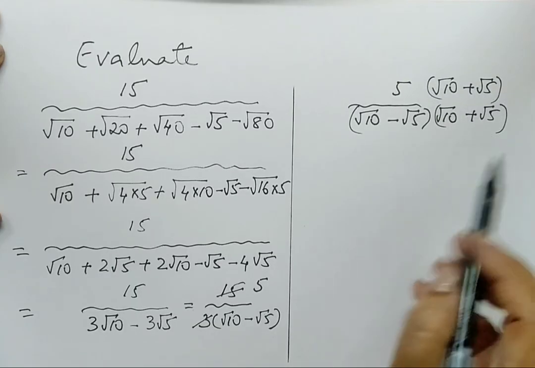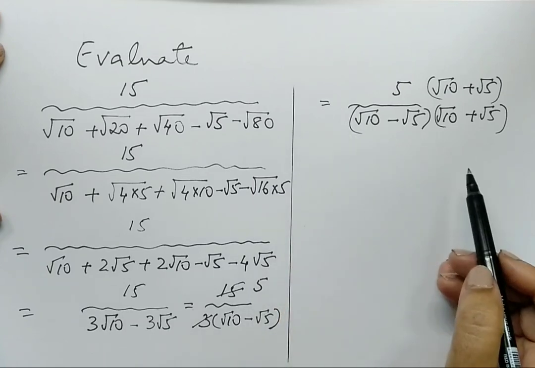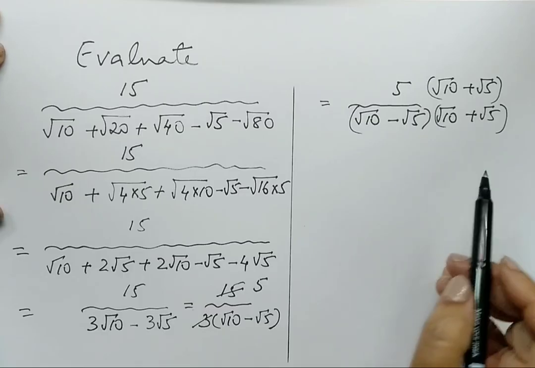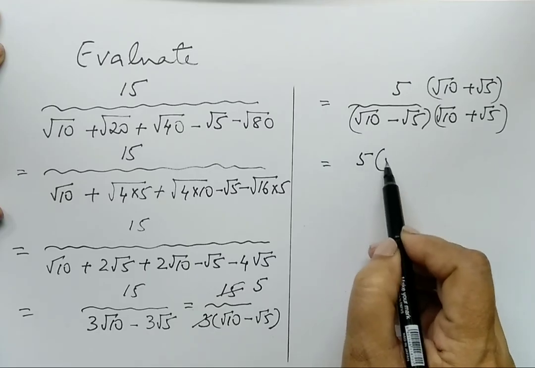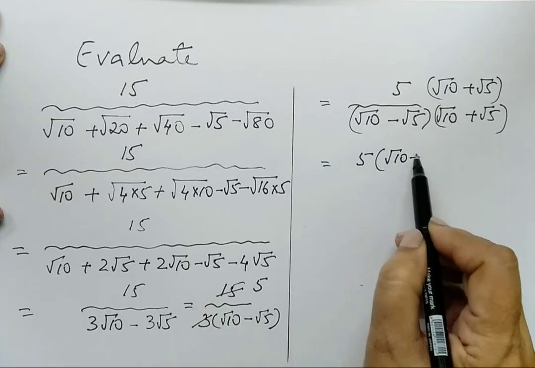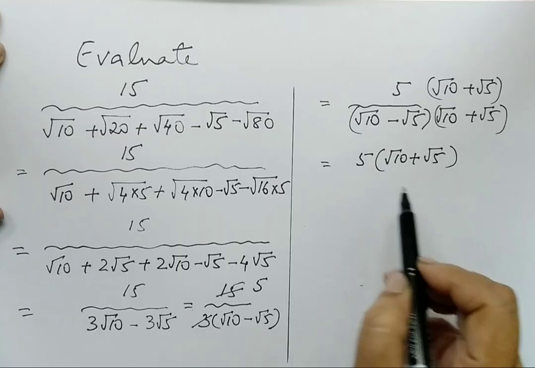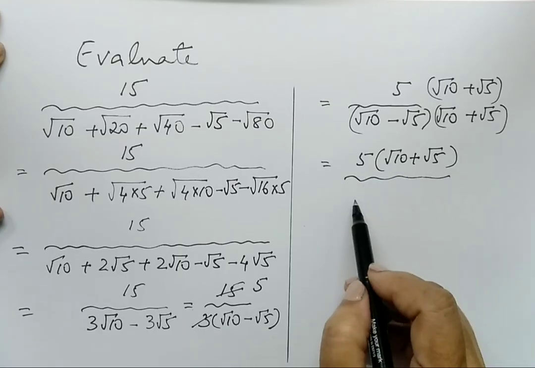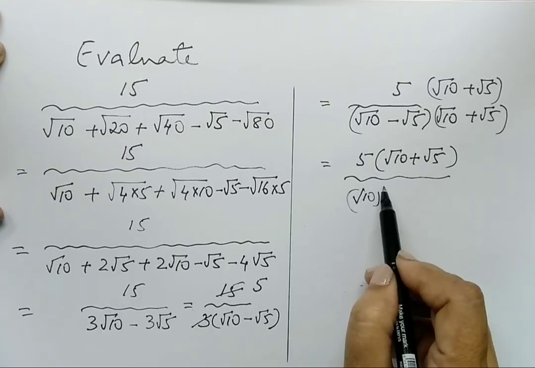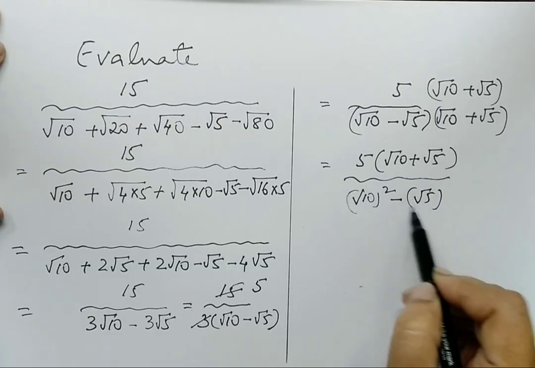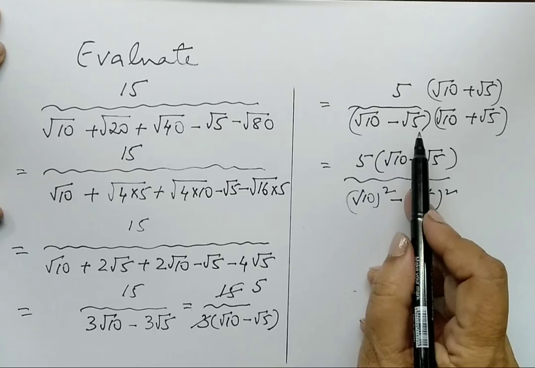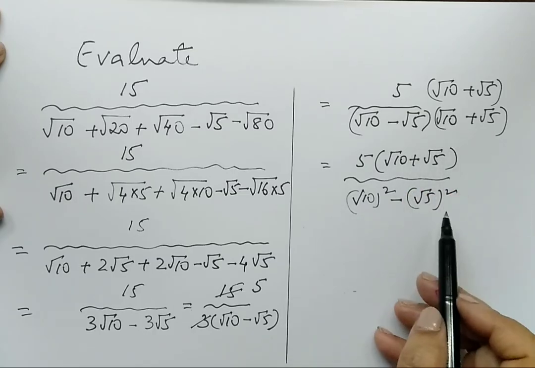We are trying to rationalize the denominator. Clear? So having done that, we'll get 5 into root 10 plus root 5, and below we have root 10 whole square minus root 5 whole square, which means a minus b, a plus b is a square minus b square.